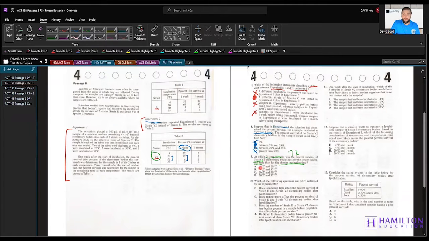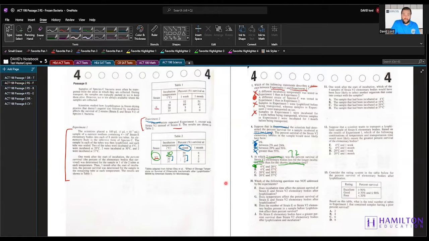Okay, looking at 4 degrees and 20 degrees Celsius, is the 1 month incubation time less than the 1 week incubation time? That looks correct from what I can see. 59, 6 is less than 59, and 4 is less than 29. So that seems like the right answer.